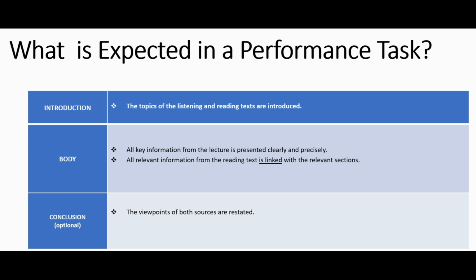In the body paragraphs, you will need to include all key information from the lecture and relevant pieces of information from the reading text. Conclusion is not a must in the performance task. This part is optional, but if you would like to write a conclusion, you need to paraphrase or reword the introduction in this paragraph.